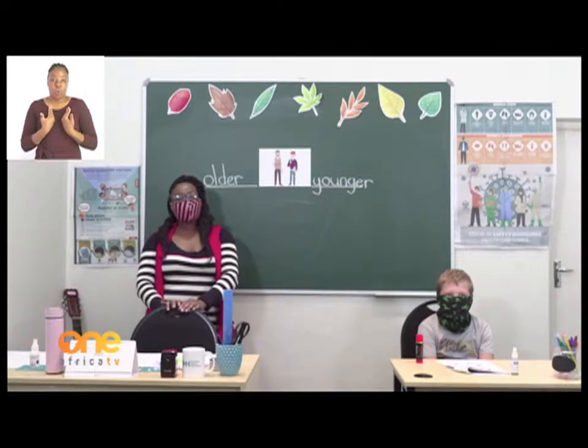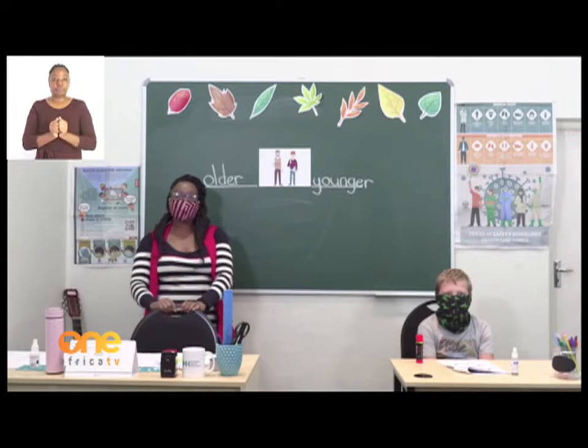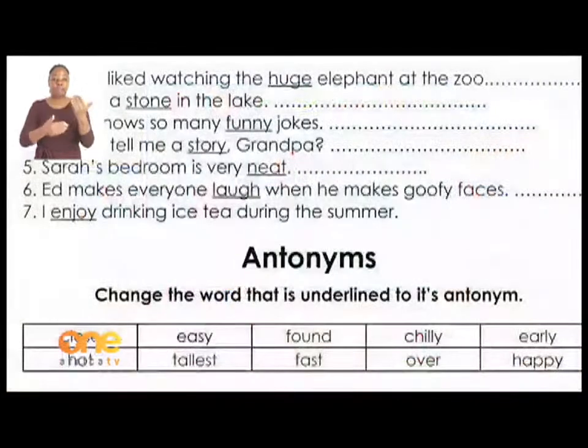Let's now turn to page 27 for our exercise. On page 27, you can see we are going to change those words into synonyms, the ones that were underlined. Let's look at number 1. Number 1 says, Tommy liked watching the huge elephant at the zoo.